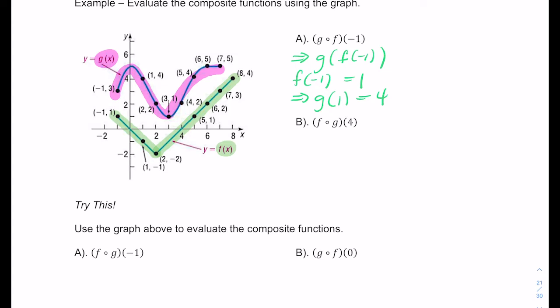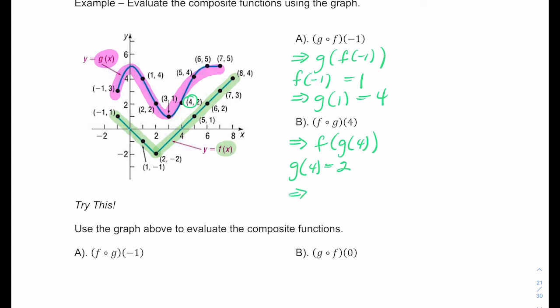For letter B, I'm looking for f of g of 4. So I need to find g of 4 first. So I'm looking at my purple graph where x is 4, which is right here. And my y value that I get is 2.